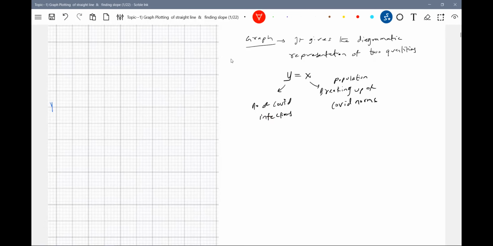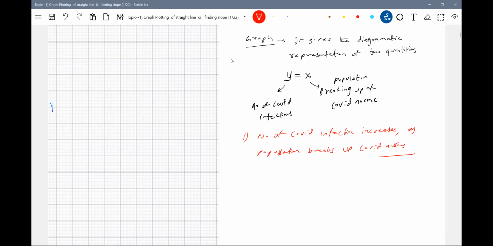So how do we write it first in language? In language, how do we represent it? The number of COVID infections increases as the population breaks COVID norms.